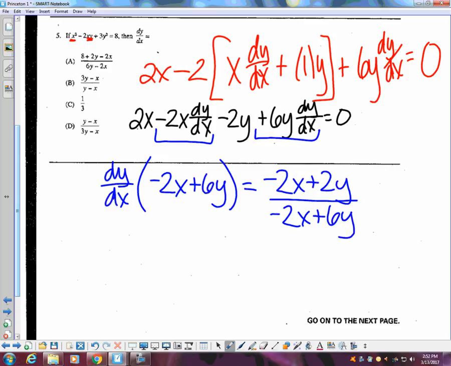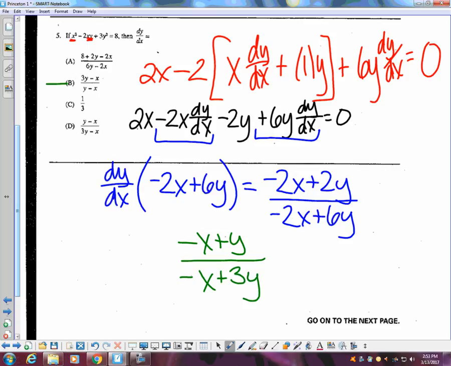Okay, now a choice. Can you take a 2 from everybody? It's kind of like GCFing a 2 and then canceling it out front. Or it's sort of like, okay, if they can all cheat with a 2, let them cheat. So that's going to give me negative x plus y over negative x plus 3y.